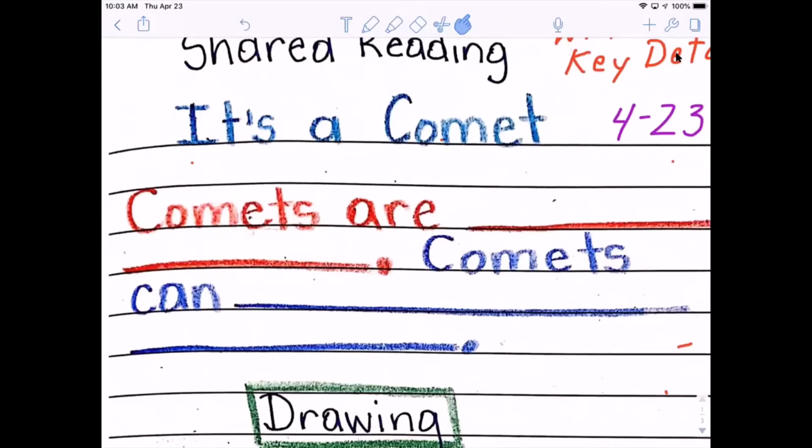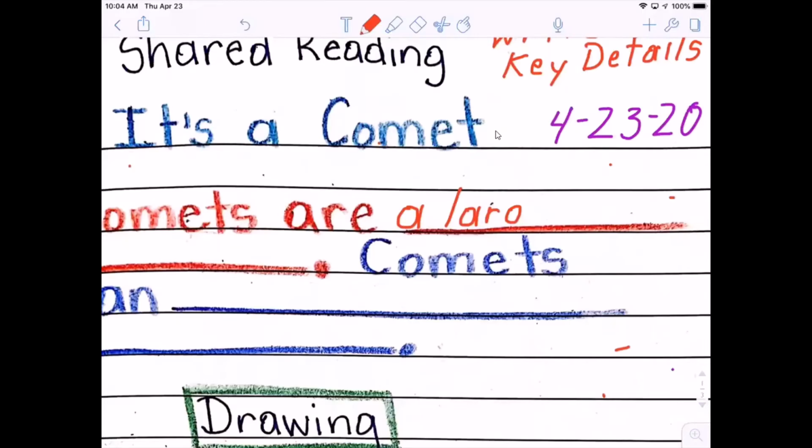Okay, a comet is a large chunk of ice and dust that orbits or goes around the sun. So comets are, what are we going to write? A large chunk of ice and dust. Okay, so that's what we are going to write.